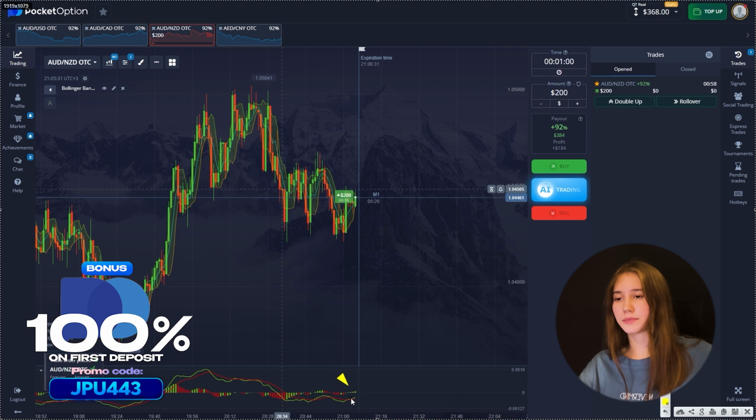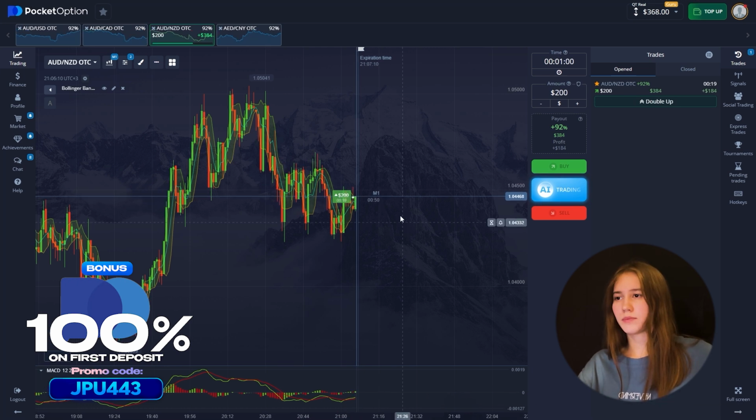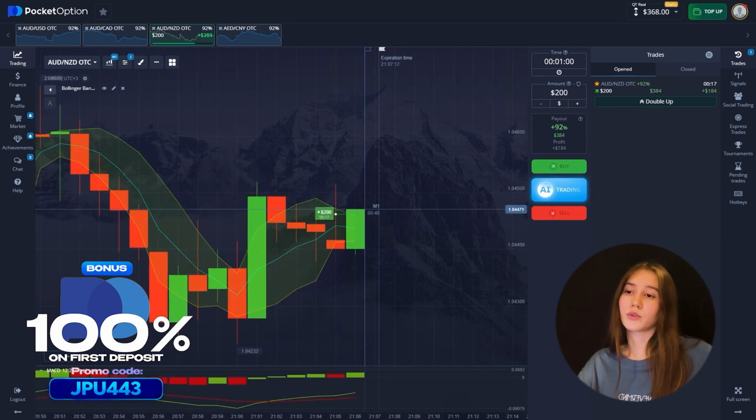Yeah, up deal. Green bars above the zero mark, it's our second indicator, and we see the green ones prevail over the red ones.